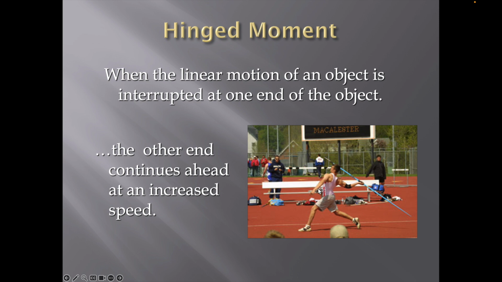The person is stopping his or her body and then launching the javelin after that. So linear motion is stopped at the person's body, but the linear motion at the other end, where this person's hand is, is going to increase as he throws the javelin. This in turn will help throw that javelin farther.